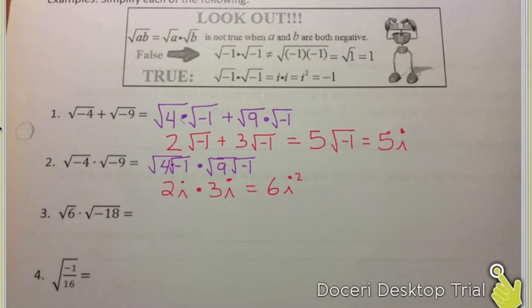And we know that i squared is actually a negative 1, so this is going to be 6 times negative 1, which is just negative 6.